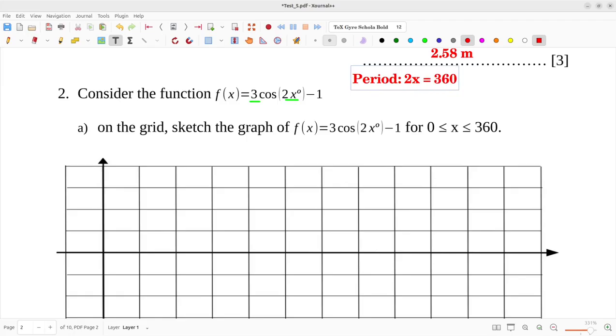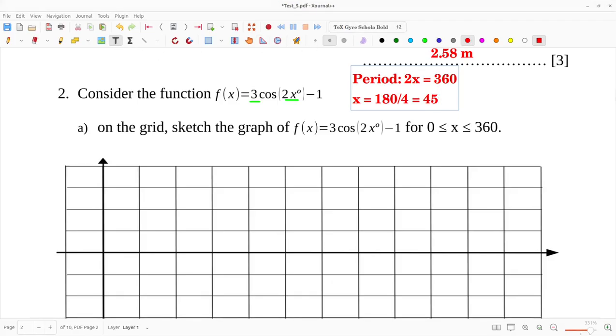Then solve for x, which means x is going to be 360 divided by 2 on both sides. Then x is equal to 180 degrees. That's your period. Then divide the period by 4 and you get your stepping, which is 45 degrees.